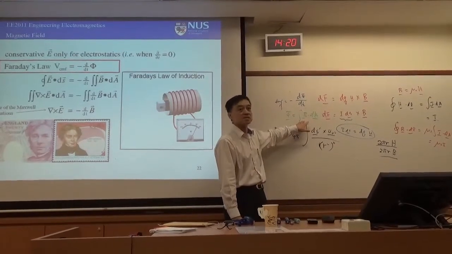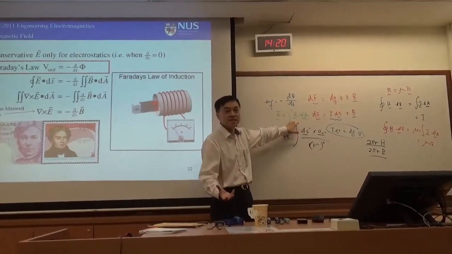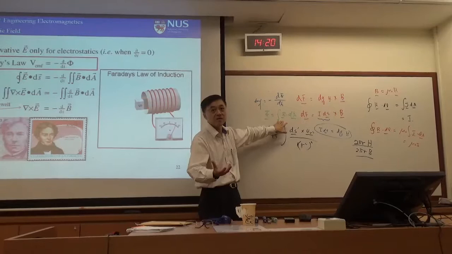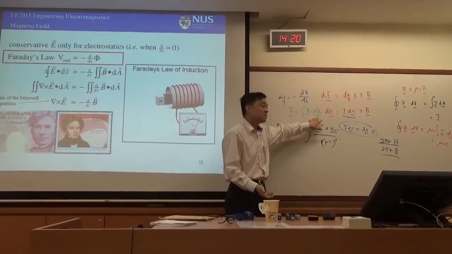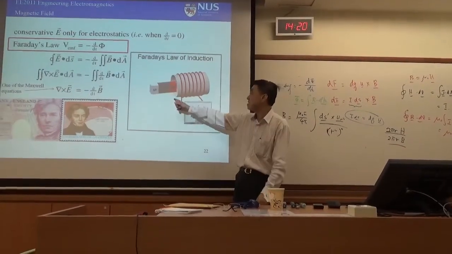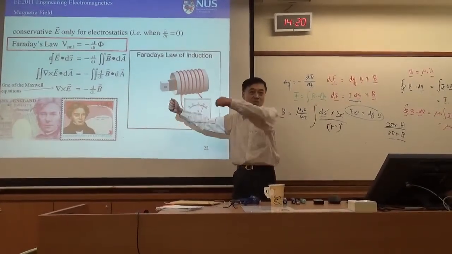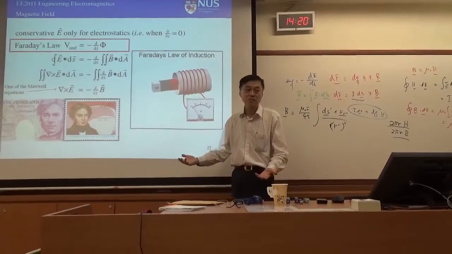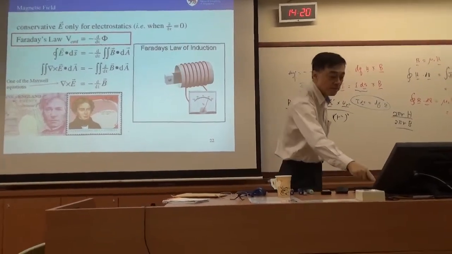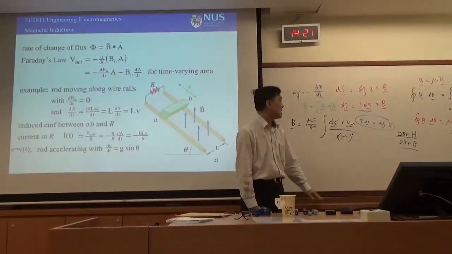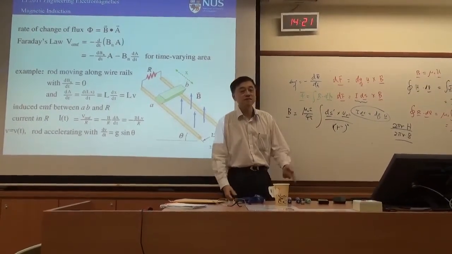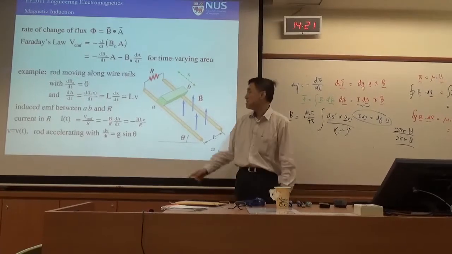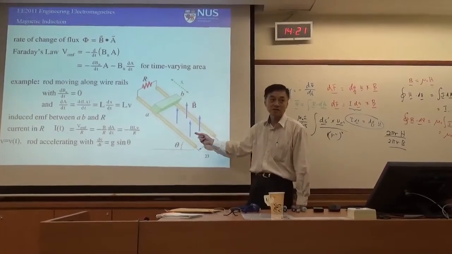If the flux density is time varying, AC not DC, then it can change with respect to time. But in this case, although it's not AC, the magnet moves in and out, so the flux is changing. It can also be that the area is changing, very simple. How can the area be changing? Just like in this case here, the area is changing.